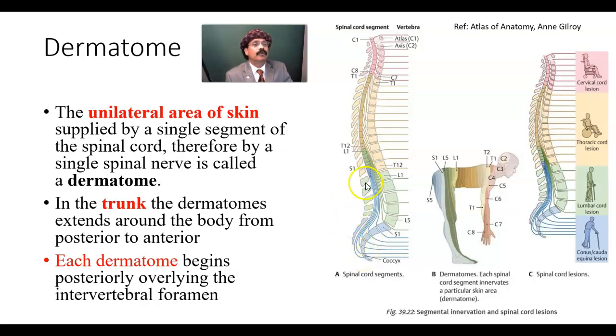Dermatome is very essential to assess some neurological diseases. It is very essential to inject local anesthesia. It is also essential for other purposes, like finding the site of a lesion, as well as to assess referred pain.